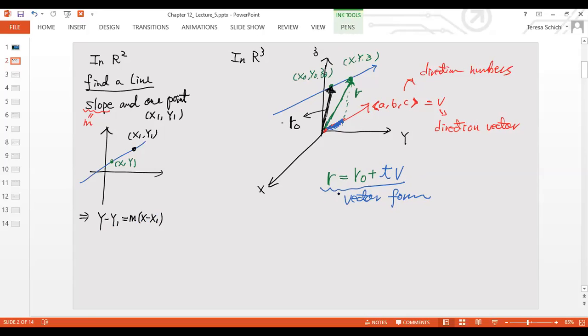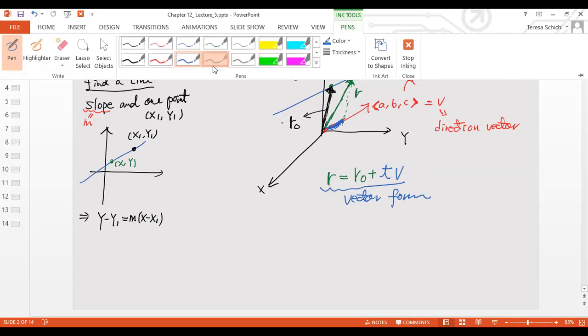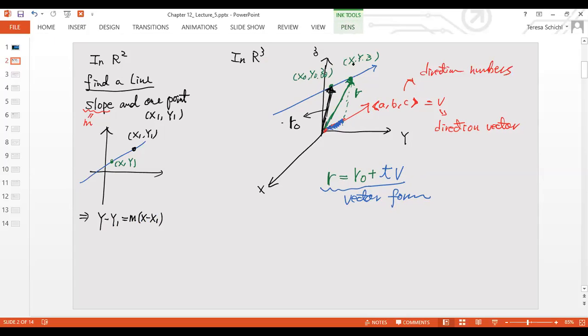So now if you write it out, what is R? R is any point X, Y, Z, right? So you will say X, Y, Z is equal to R0, which is the point you go through, so x0, y0, z0, right? And plus t, that's the parameter.